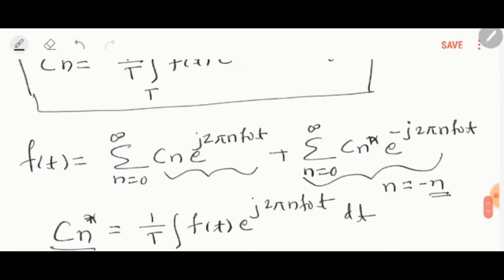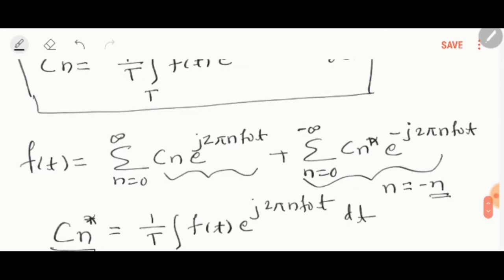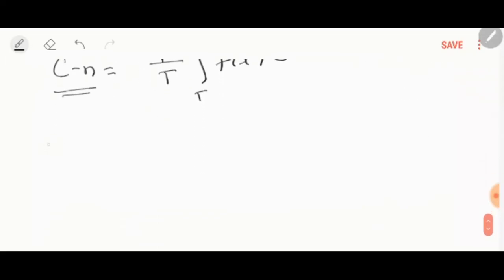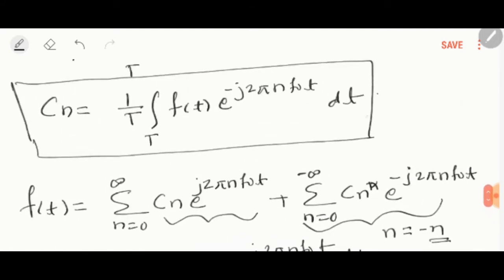So for that we can substitute the limit from 0 to minus infinity simply. So we can write ft as summation n from minus infinity to plus infinity; the minus infinity to minus 1 limit, sorry, we can write here minus 1 to minus infinity, and then we can delete this complex conjugate sign.